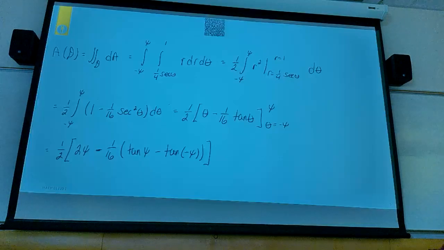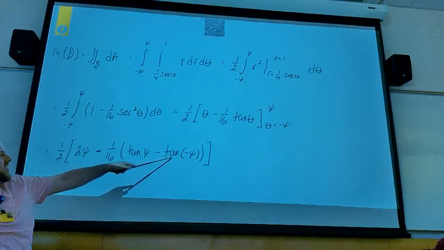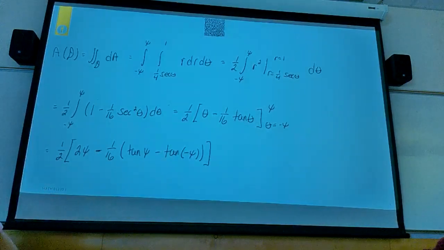Then you get tangent psi minus tangent of negative psi. Oh, but wait. Isn't tangent odd? So tangent of negative psi is the same as negative tangent of psi. Tangent psi plus tangent psi. That's what that is.